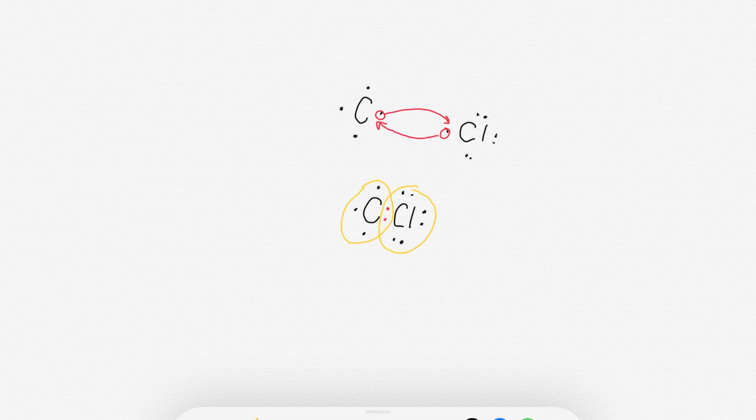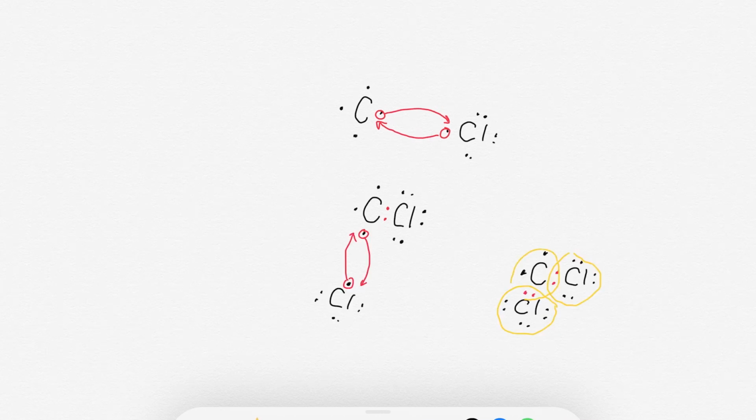So this carbon atom has 5 valence electrons now. But if you remember, the octet rule says carbon wants, you guessed it, 8. So what are we going to do? Well, as it turns out, we need another chlorine, don't we? So notice at this point now, carbon has a grand total of 6 valence electrons.